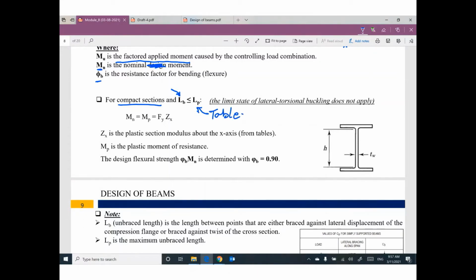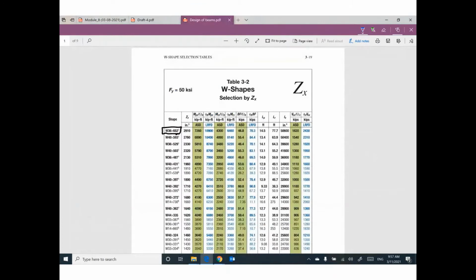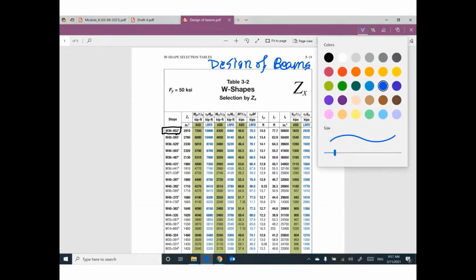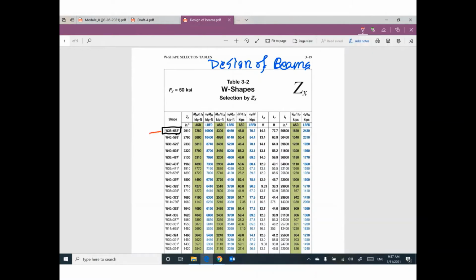I'm sorry, what you mean? I gave you a table for design of beam. For this cross section, for example, you can find here a value for LP. For example, W36 times 529 has LP equal 14.1 feet.